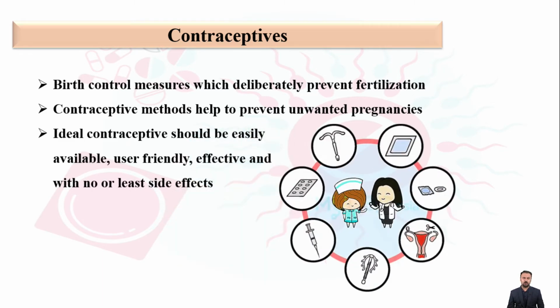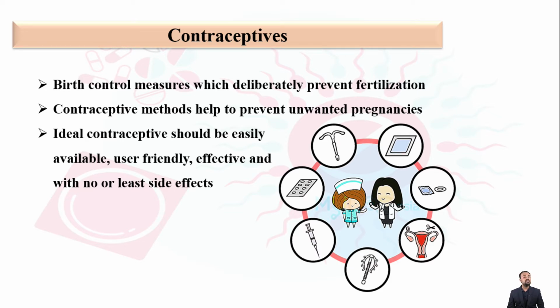Now students, moving on, an ideal contraceptive should be one which is very easily available. It is user friendly, meaning it should be very easy for it to be used by the user. Then obviously it has to be effective and there should be no or very few side effects. Now students, I repeat again, an ideal method of birth control should have the following characteristics.